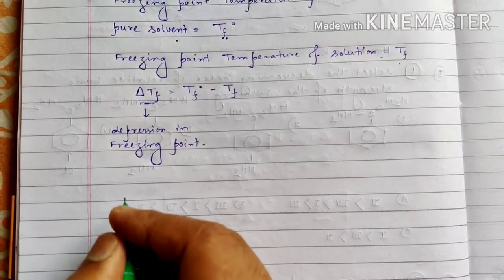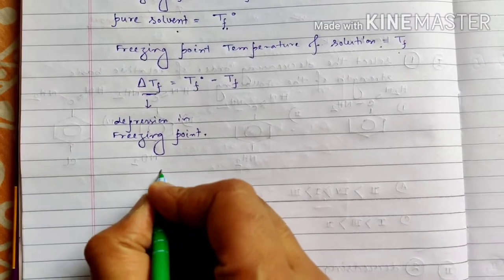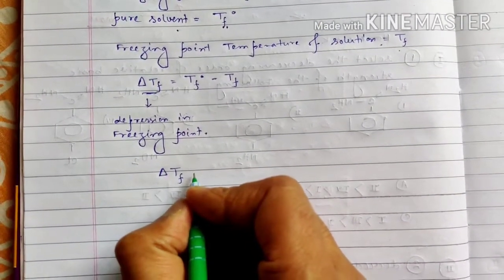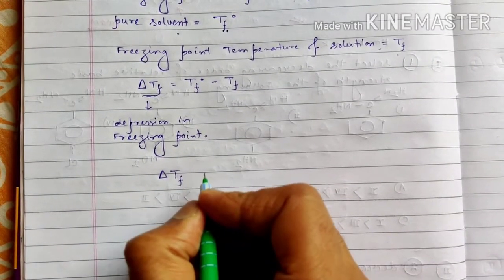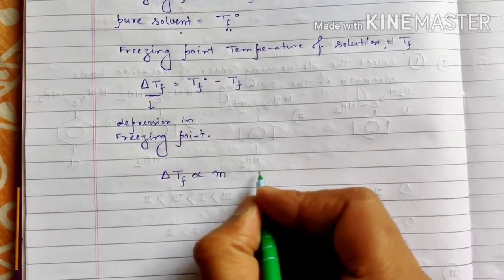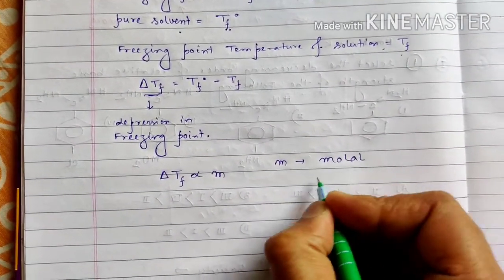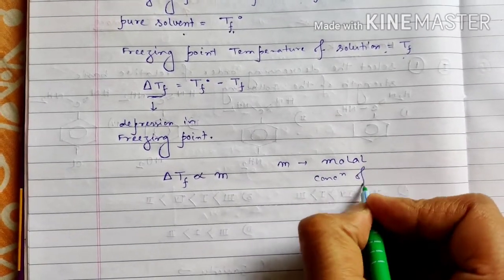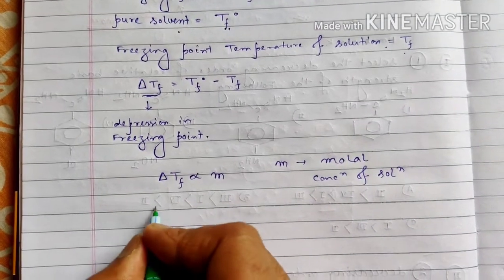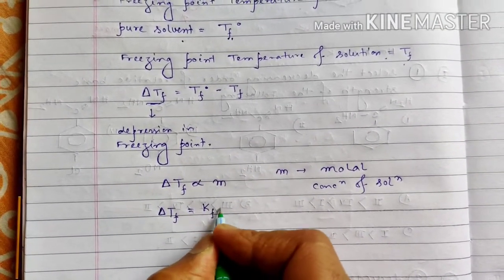It has been determined mathematically that the depression in freezing point, that is delta TF, is proportional to the molal concentration of the solution. That means it is proportional to small m. Small m, remember, is the molal concentration of solution. So if we want to rewrite, we should be able to write delta Tf is equal to Kf into m.